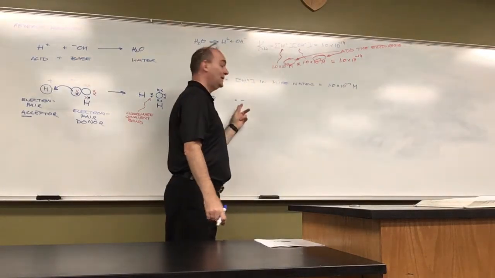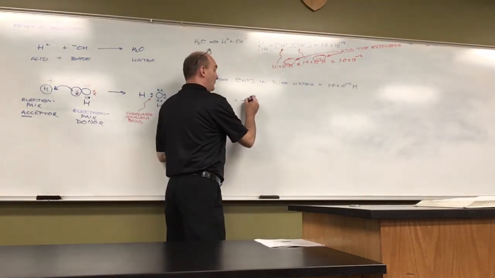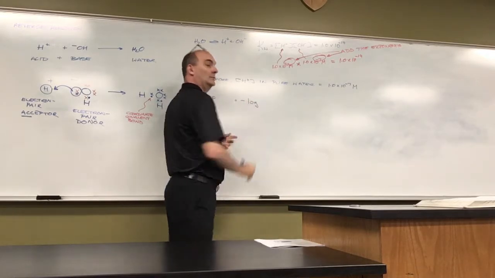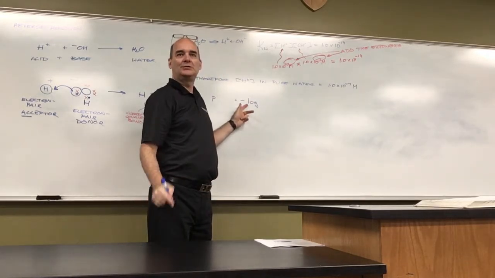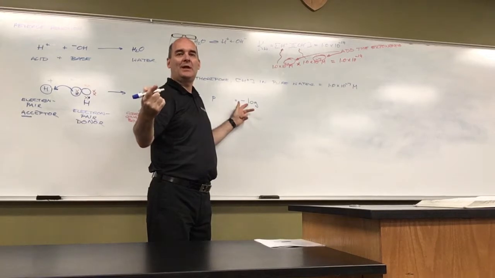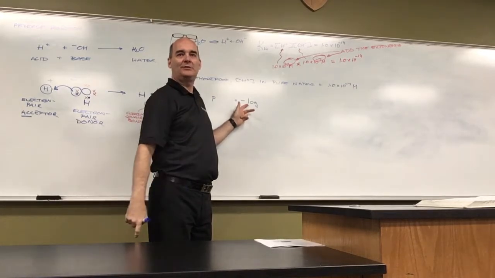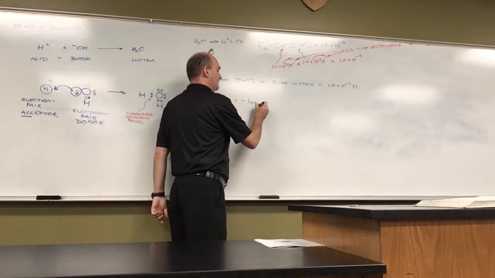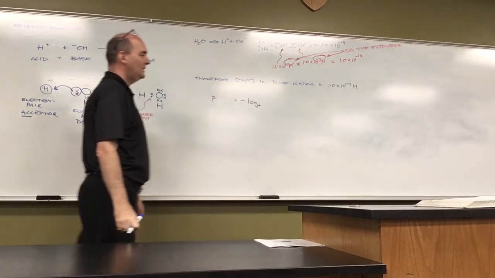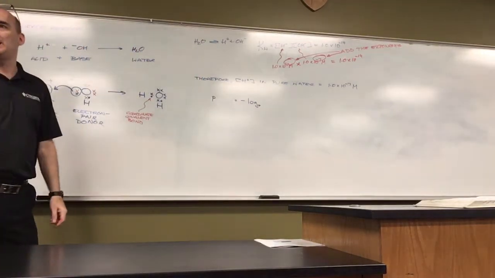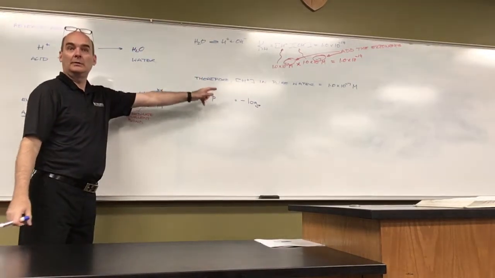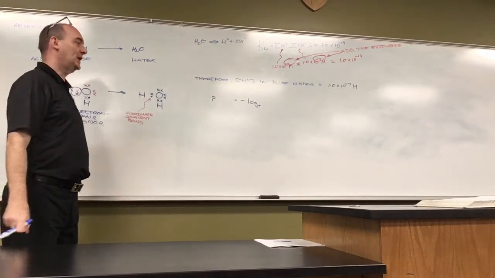So the negative that goes in front of the log is to turn a negative number back into a positive number. p means negative log to the base 10, not the natural log, the log to the base 10.